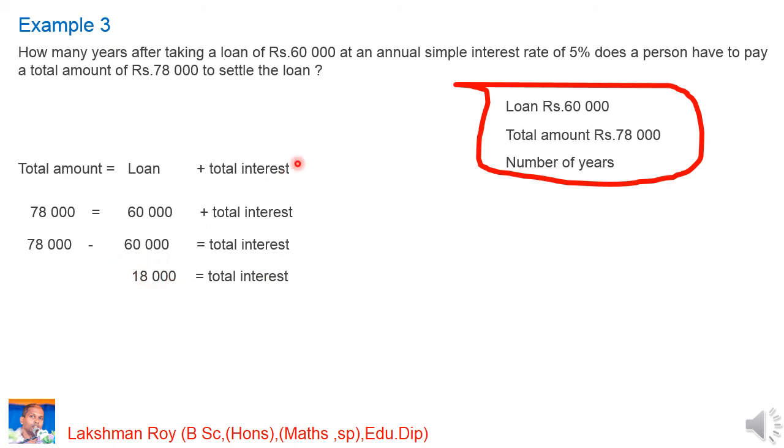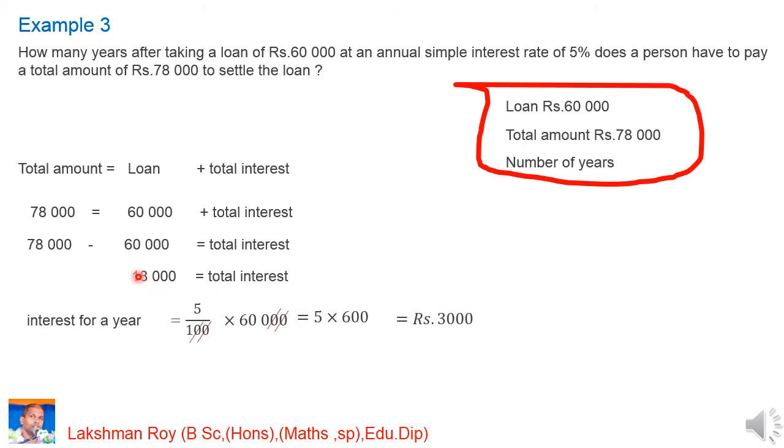Then we can find, using this loan and rate, the interest for 1 year. Interest for 1 year at 5% means 500 for each 60,000 rupees used. Then you can simplify these zeros like this. Then 600 multiplied by 5, you get 3,000 rupees. So this is the interest for 1 year, and this is the total interest.